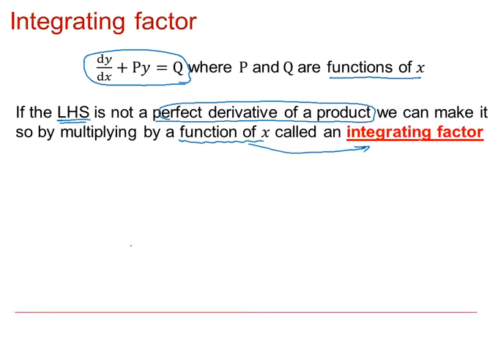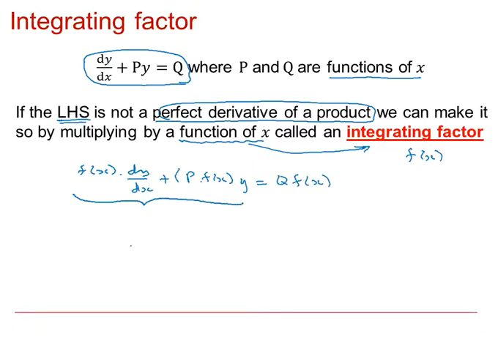So if I call the integrating factor f(x) just for convenience at the moment, what we're aiming to do, if I multiply both sides by f(x), is to get it in the form f(x) dy/dx + P f(x) y = Q f(x). It's the left hand side I'm particularly interested in.